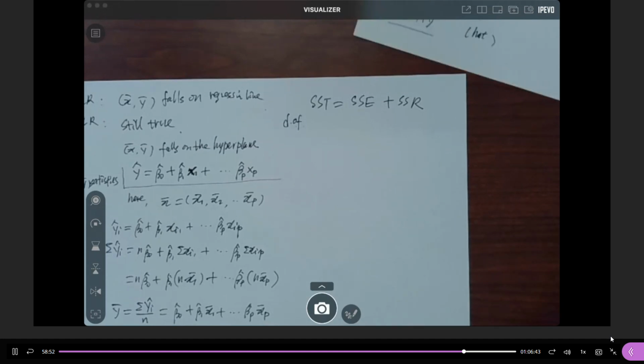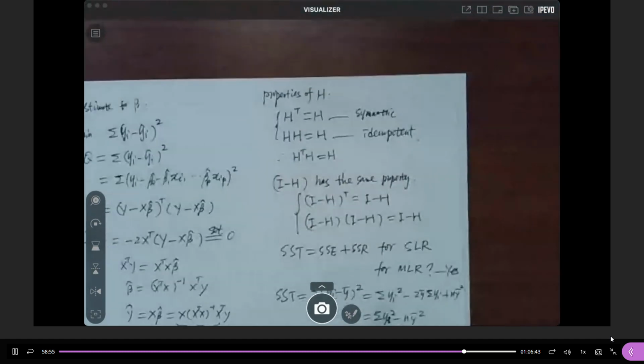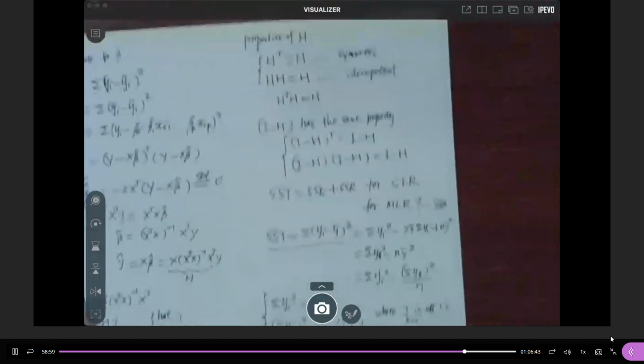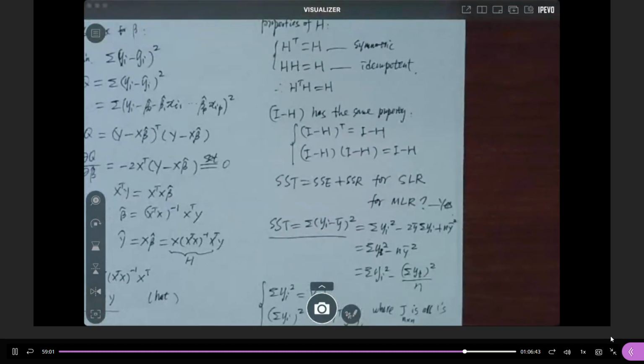For SST, okay, show this formula again. SST equals this. What's the degree of freedom for SST now?